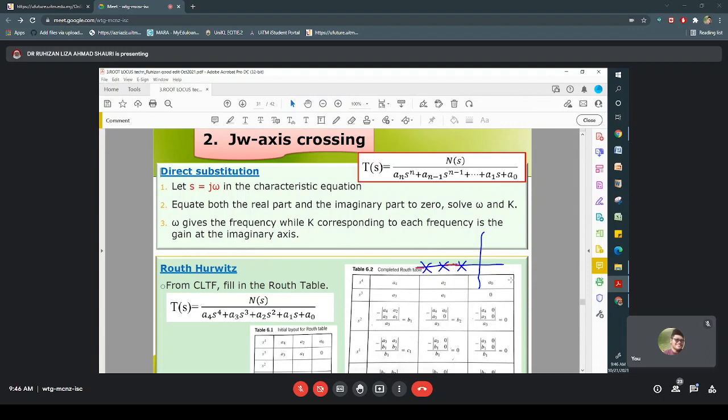Now, the asymptote would bend. Because this is 3 poles, (2k plus 1) pi over 3, where pi over 3 is 60 degrees. I don't calculate it now because I want to finish very soon.